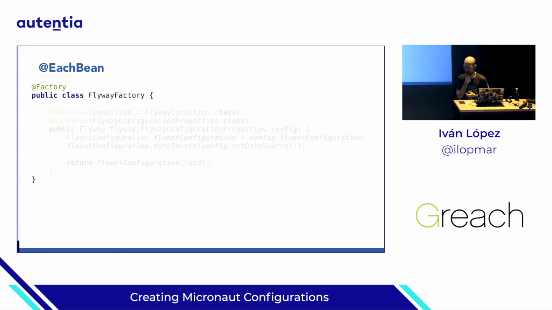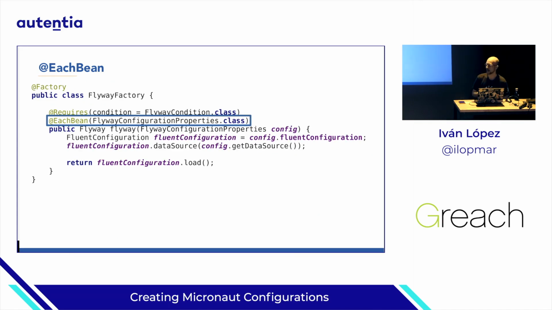And finally, the last piece of the puzzle is this. We have created multiple configuration properties with @EachProperty, but how do we associate that with our factory? Remember, in the first slide, we have the factory. So now what we use is @EachBean, and this is going to be just like the same.